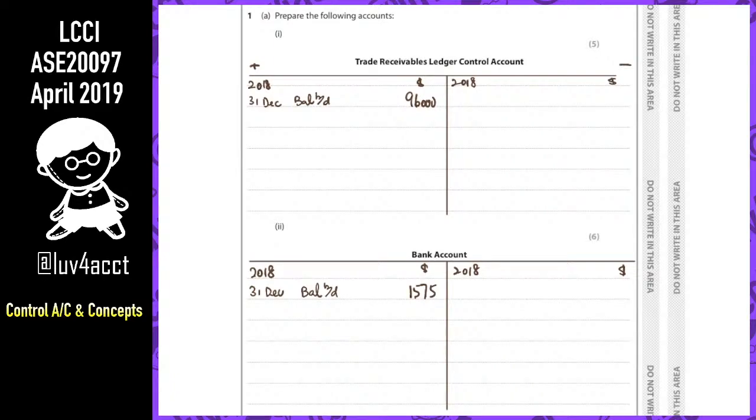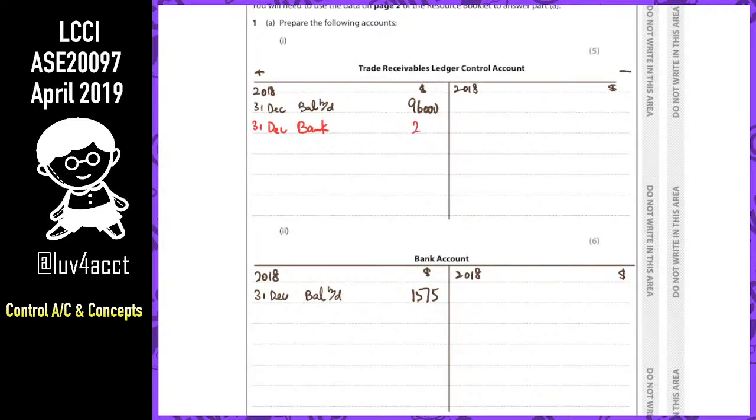So when we have a dishonored check, it will go in here because before we had received this amount, but now the check is dishonored. So this customer owes us the money that was being settled. 245.